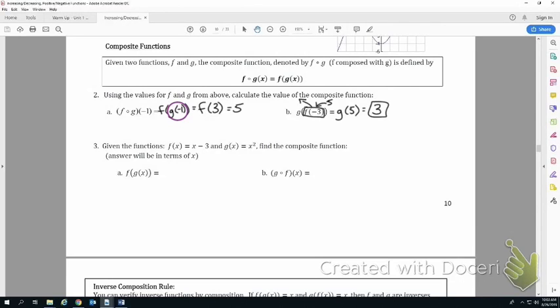Now, looking at those two equations they gave us, g of x is what? X squared. So one way that helps some people is I'm going to do f of x squared. Now whenever I'm doing this, instead of having that x right there, I'm going to take it out and put x squared in.